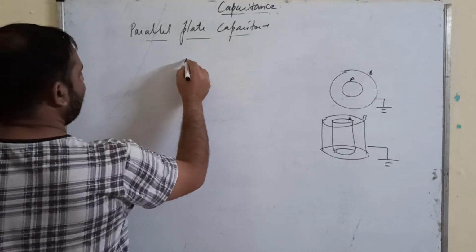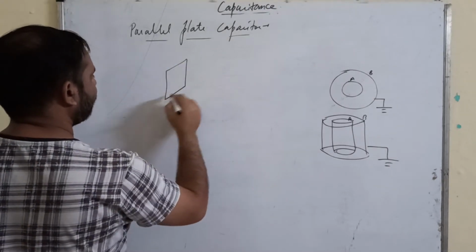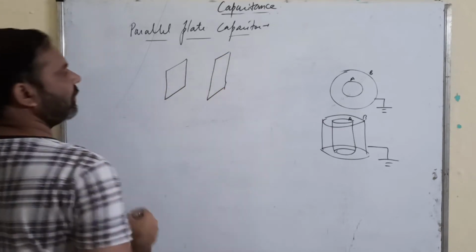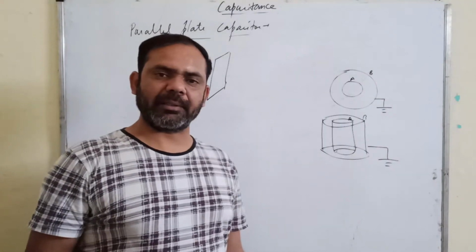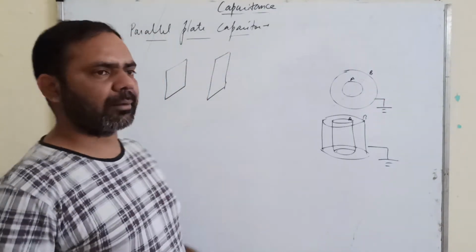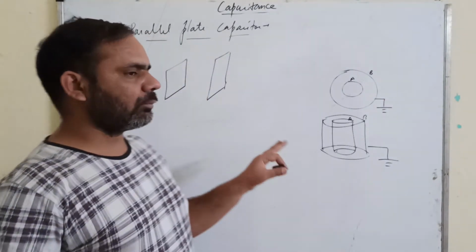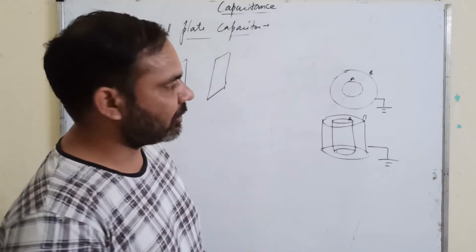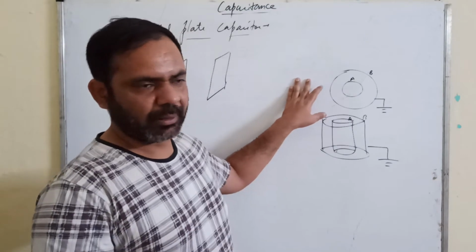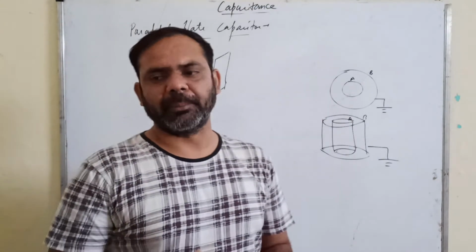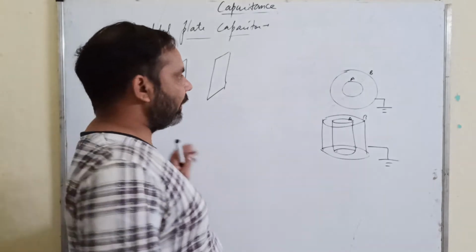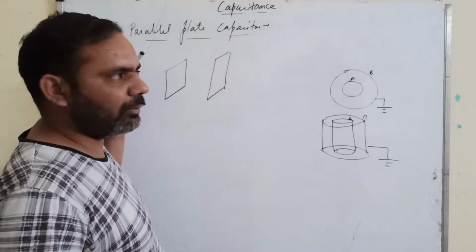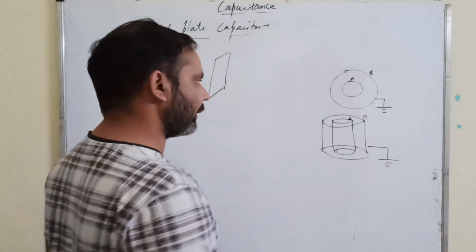A parallel plate capacitor has parallel sheets as its plates and therefore it is called a parallel plate capacitor. So capacitors have different types just on the basis of the shape of the plates; otherwise their working is quite similar. In our syllabus we have only the parallel plate capacitor, so we will discuss only this.